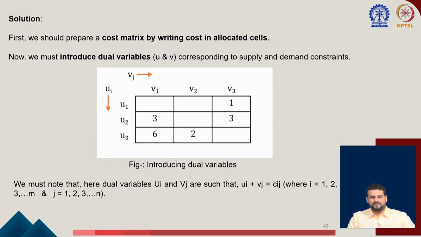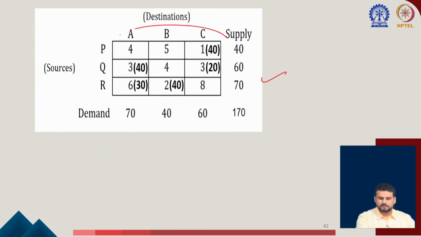What are ui and vj? Vj means for all columns you are assigning these variables v1, v2, v3, v4, v5. However many columns there are, you will assign that many values. Similarly, for all rows you are saying u1, u2, u3. Now these are the cell costs which are occupied. You can see in this numerical, this is occupied, this is occupied.